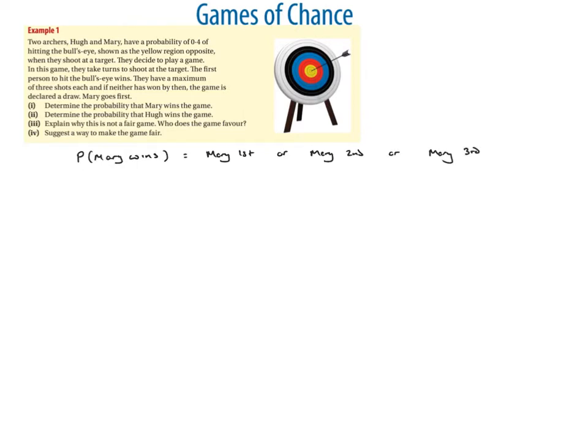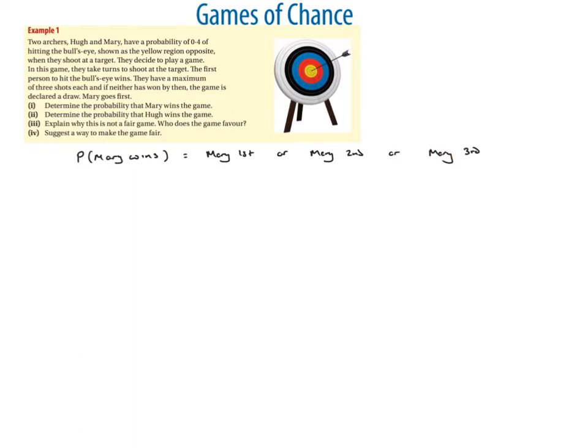So is everybody happy? But that's assuming, of course, that Hugh doesn't hit it once Mary has missed. So you can see here there's three things that can happen. This, or this, or this. So we're going to work out this one, add it to this one because of the keyword or, and then add it to this one, again with the keyword or.